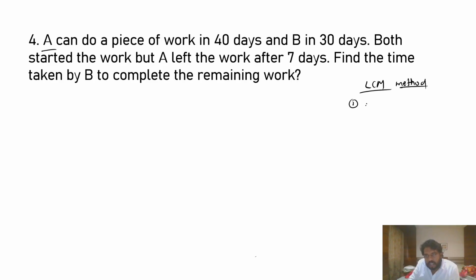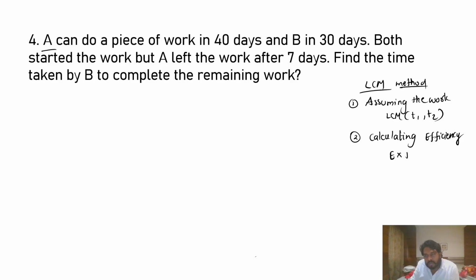Initially we are assuming the work. How are we assuming the work? We are taking the LCM of the given times. And next, we are calculating efficiency. This is the process which you remember. How are we calculating efficiency? Efficiency multiplied by time equals work, whereas efficiency equals work by individual time.